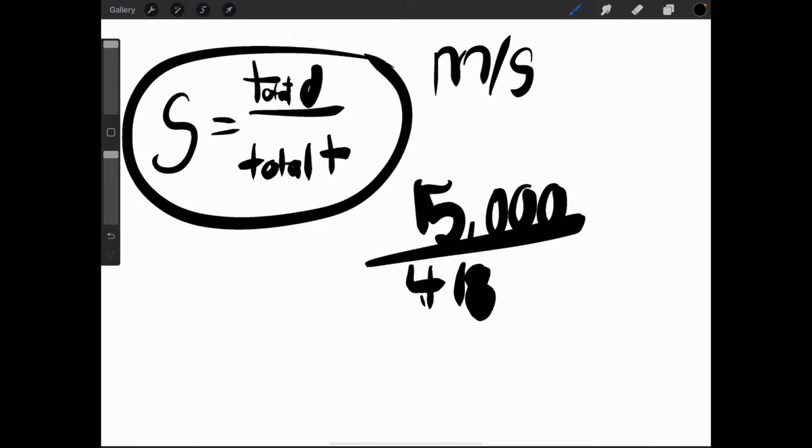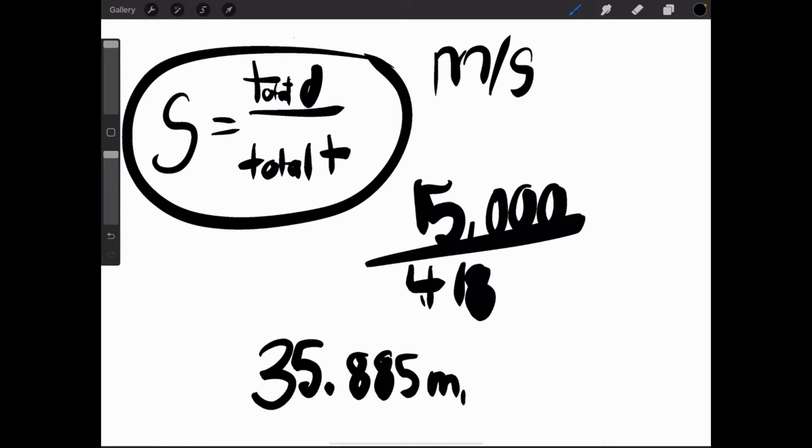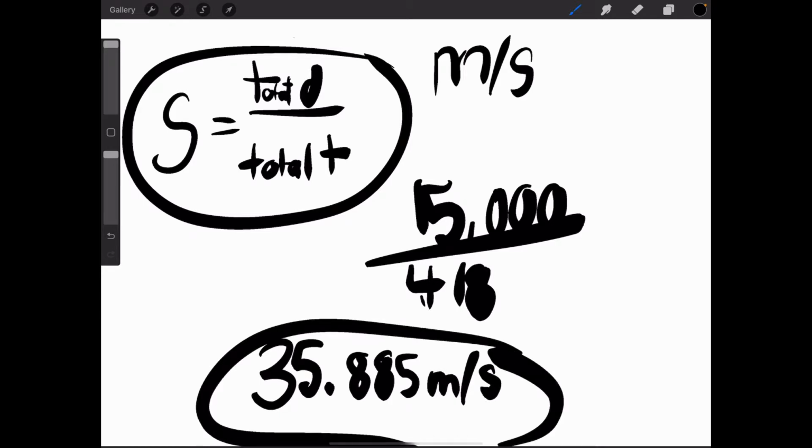So let's do the math. 35.885 meters per second. So that is the average speed of the car.